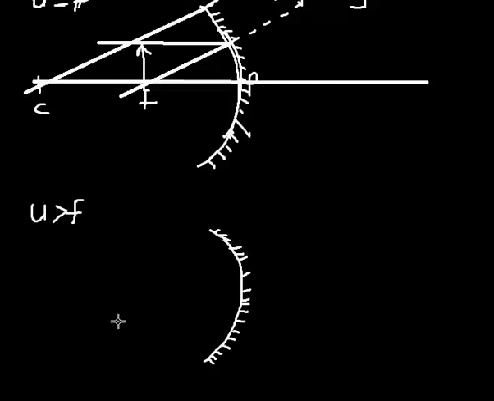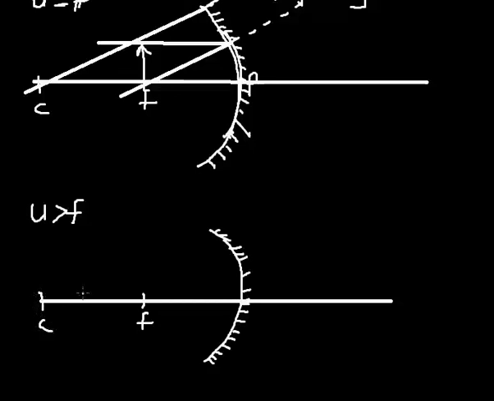So here we go. I place my F, this is my C, and here I'm placing the object at this point.